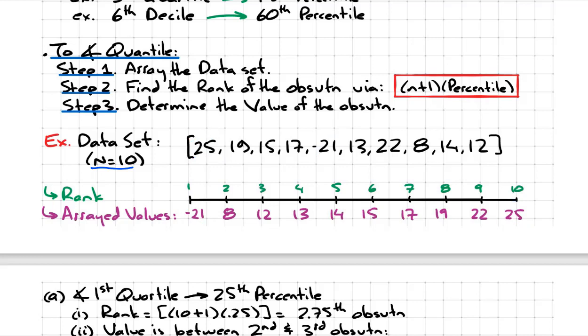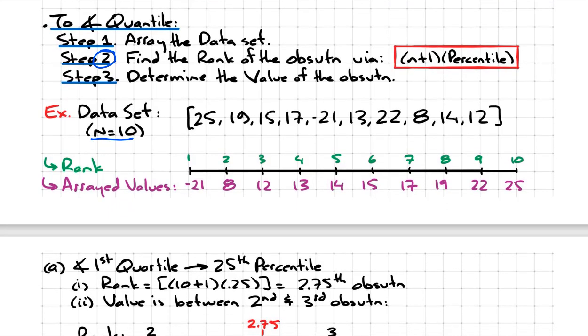Then step 2, we're going to rank the data. Number 1 is the lowest, and number 10 is the highest value observation. Okay, so now the data is organized and it's ranked.